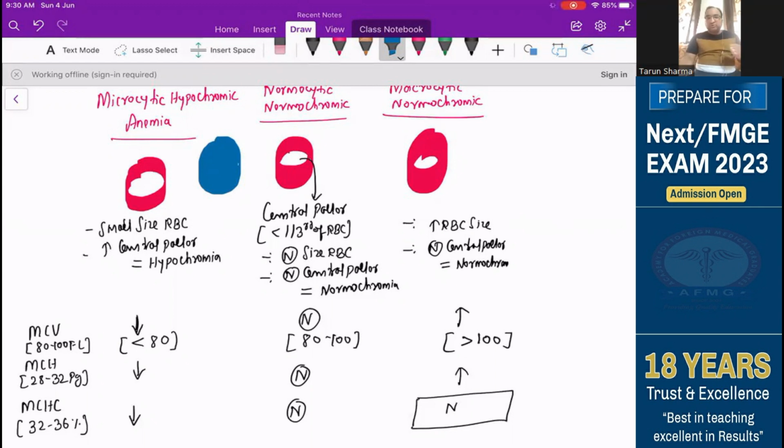You cannot compare the RBC with other RBCs. Why? Because in the peripheral blood smear you will see many different shapes and sizes of RBCs. Even in a normal individual, some RBCs are larger, some are normal, some appear smaller. At that time you will get confused whether these RBCs are normal, larger, or smaller in size. So don't compare the size of RBC with other RBCs.